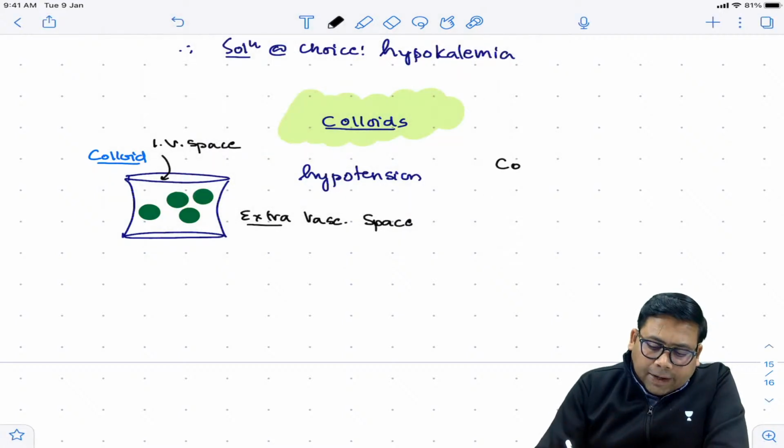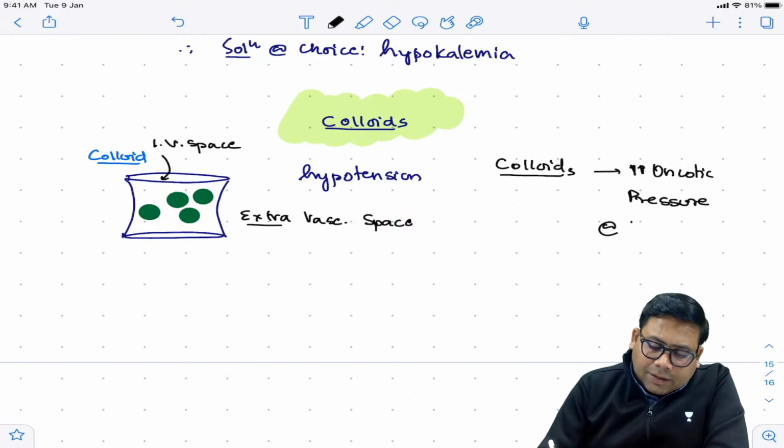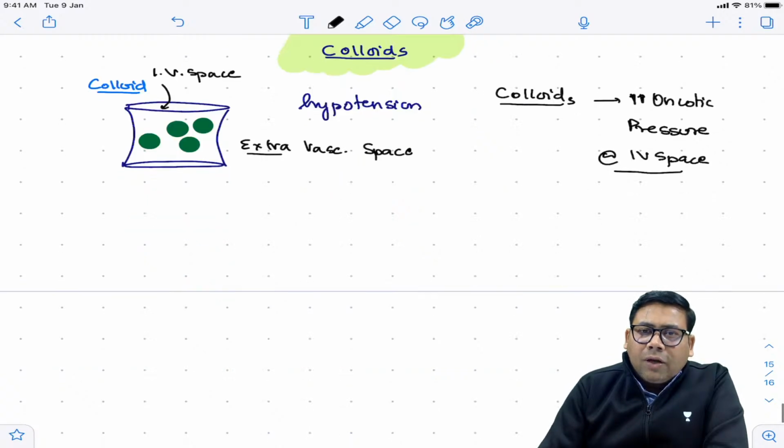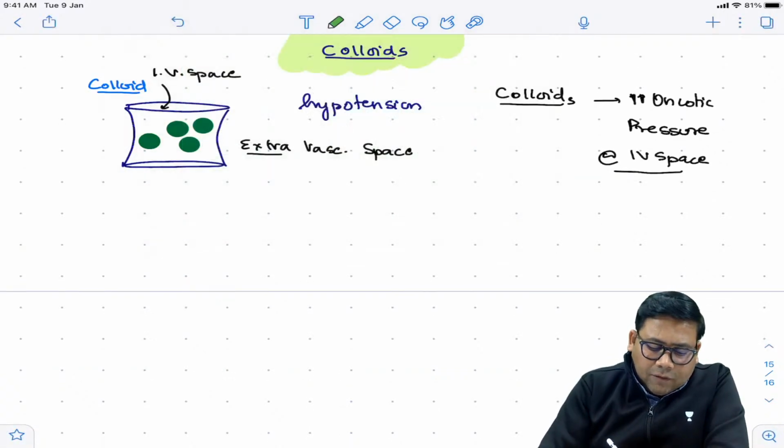So on addition of colloids, there is an increase in oncotic pressure. Why? Because they are heavy proteins, and this time it is the increase in the intravascular space. So there is an increase in the oncotic pressure of the intravascular space, and once there is an increase in oncotic pressure, what will happen? It will withdraw the water from the surrounding.